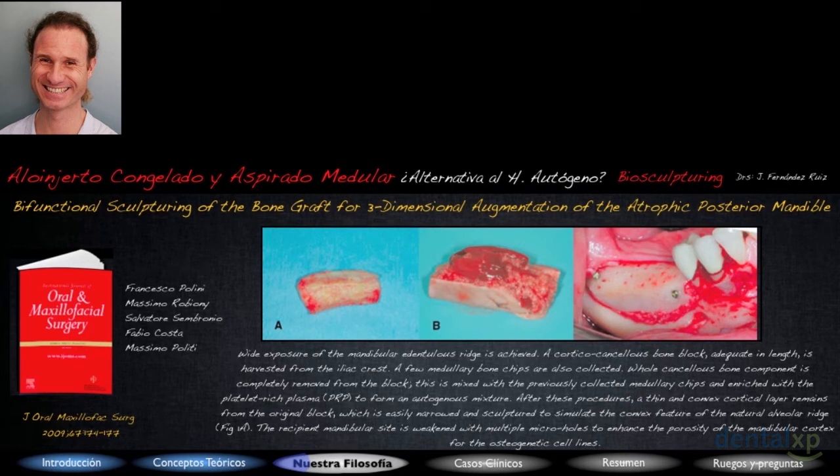Then we will make small perforations on the corticals to enhance the porosity of the mandibular cortex for the osteogenic cell lines. After this has been fixed with the screws, we will then be ready to close the regeneration area.